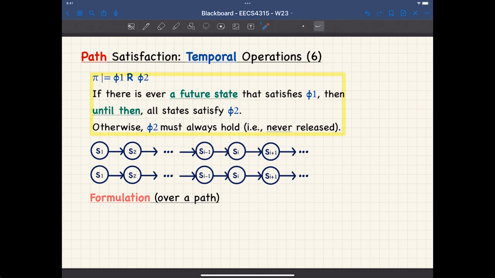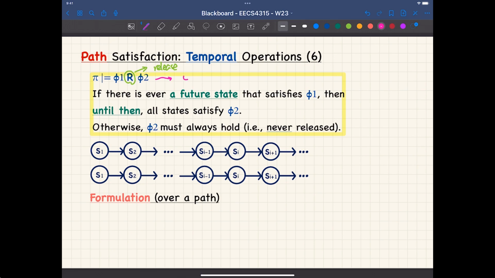How do we understand that informally? This is called a release operator. Informally, we want to say somehow phi 2 might have been happening, and phi 1 is the one that's going to release phi 2. I'll write it down first, and then we'll read the description.